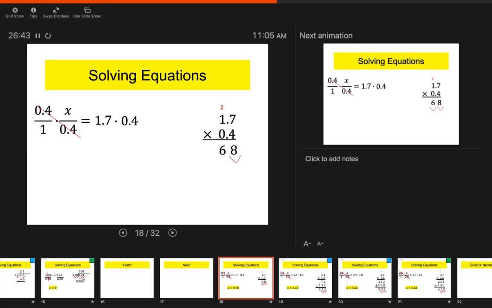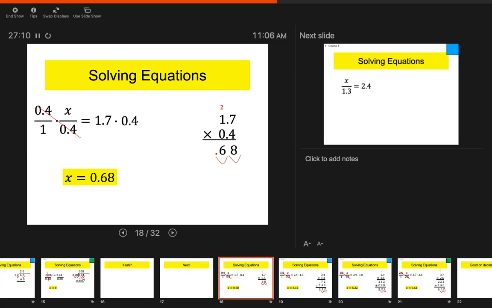Then we count how many decimal places. How many total do we have here, Jake? Decimal places? 11. Take a deep breath. How many decimal places are here? So we move it 2 decimal places, and the final answer with a leading 0 will be 0.68 with an x.